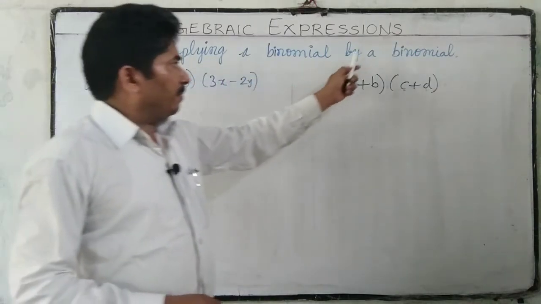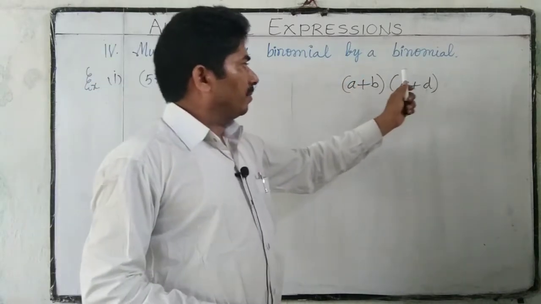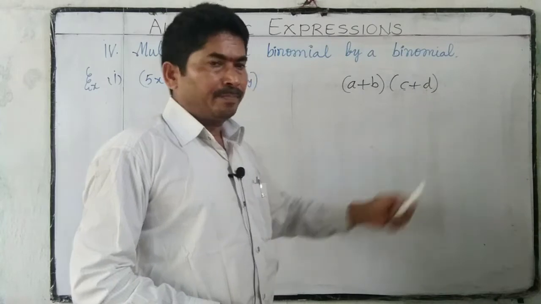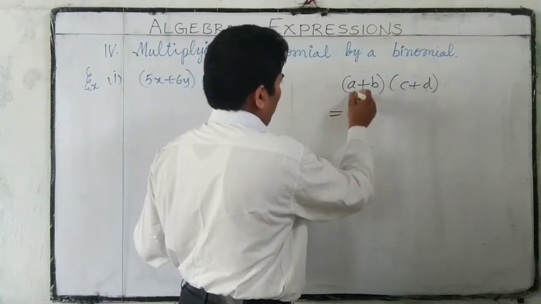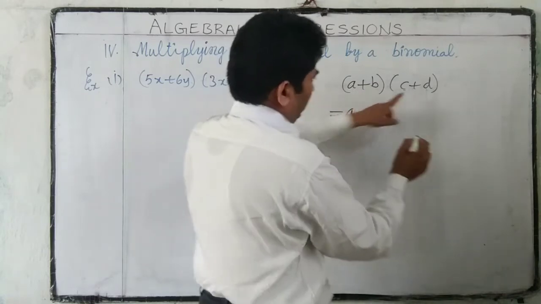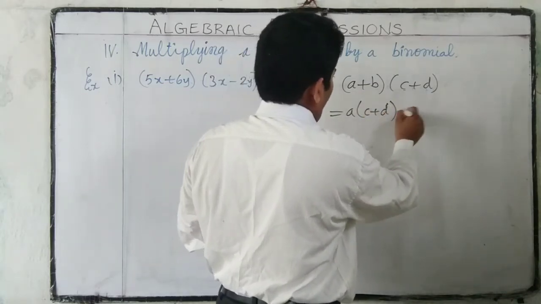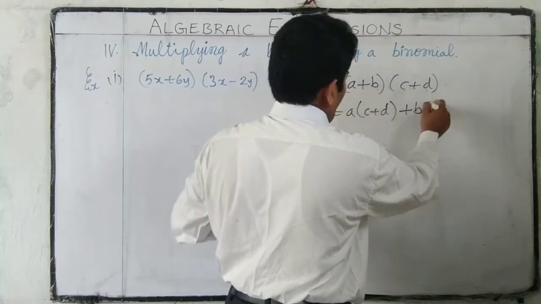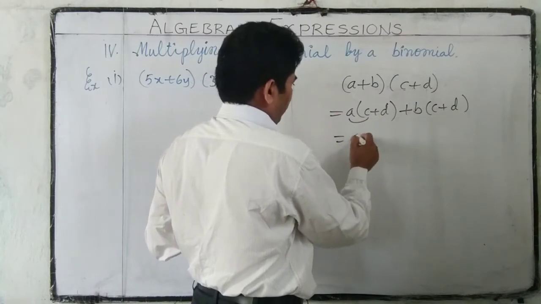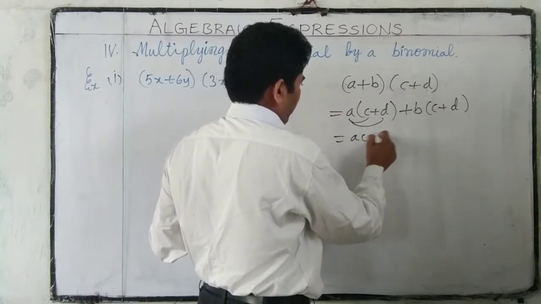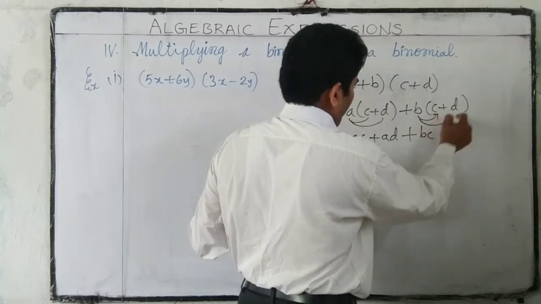Multiplying a binomial by a binomial. To multiply a binomial by a binomial, we have to multiply like this: a into c plus d plus b into c plus d, that is ac plus ad, bc plus bd.